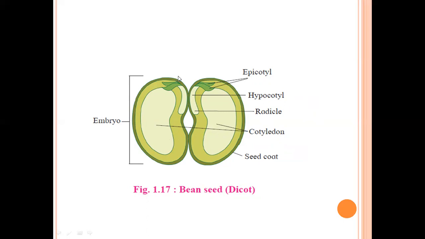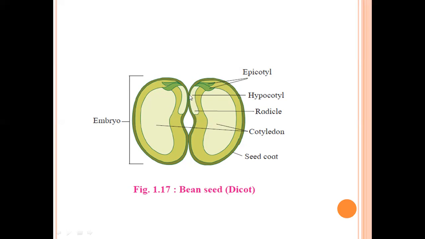Now the outer covering of this seed is called the seed coat, which is derived from the integuments of the ovule.